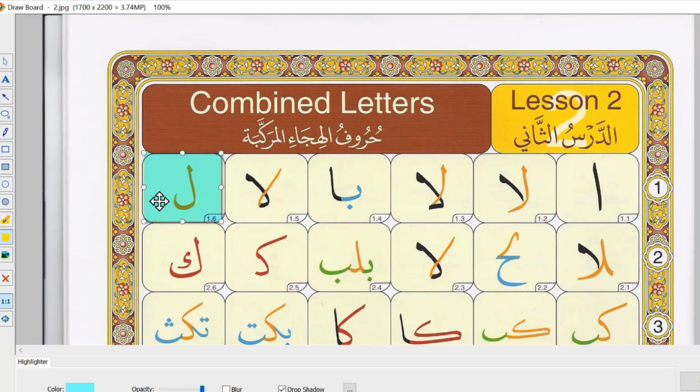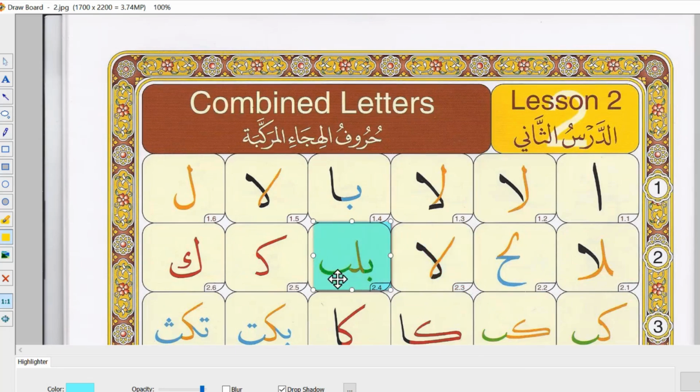And the next letter is here lam. And the next one is also lam alif, lam alif. And the next one is here lam ha, lam ha. And the next one lam alif, lam alif.